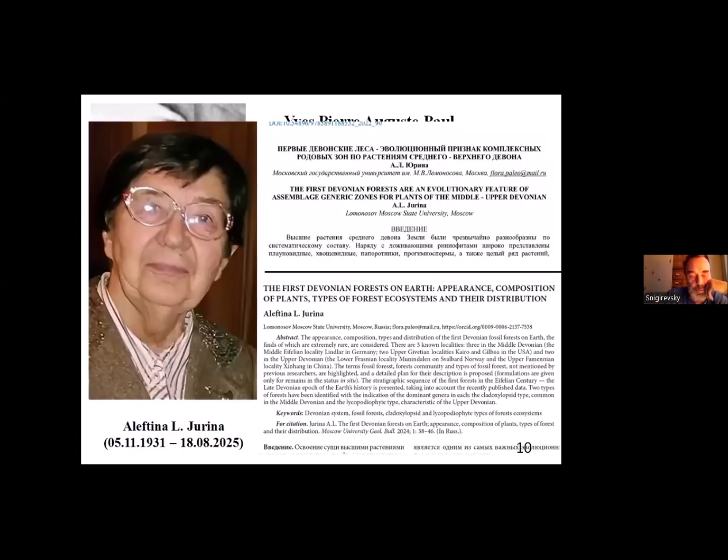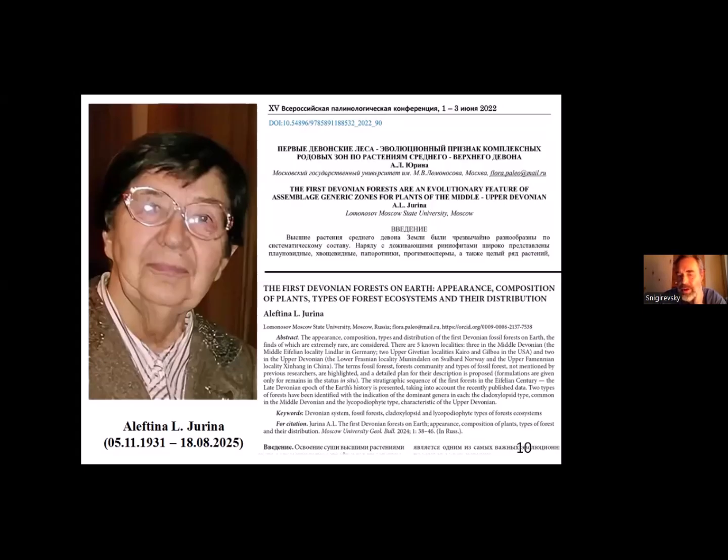There are a lot of publications about the first forests, about the importance of Callixylon in the forming of the first forests. But Alevtina Yurina, the Russian paleobotanist, died two months before this talk. Her two last publications were dedicated to the first Devonian forests on the Earth.